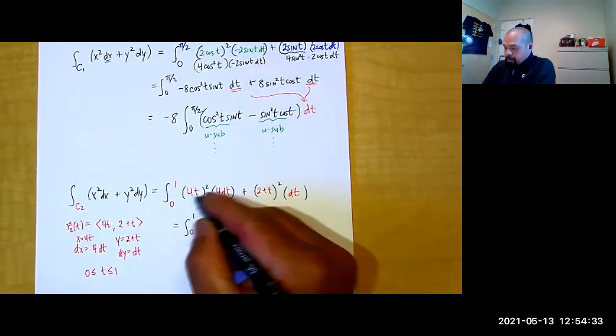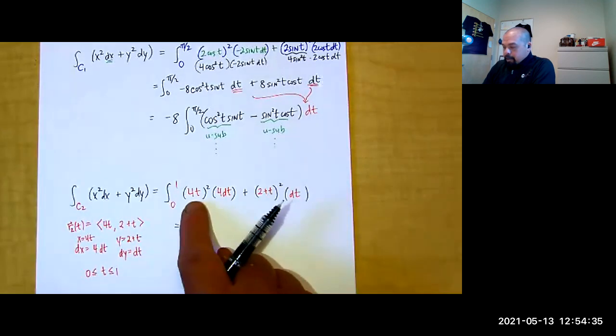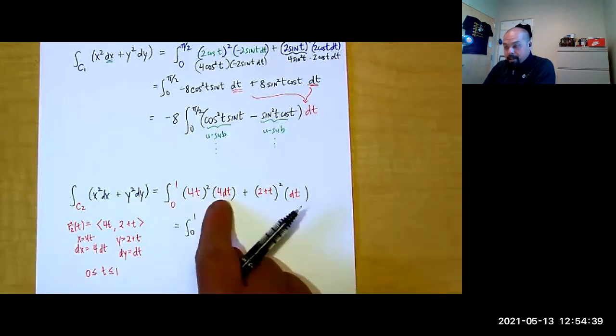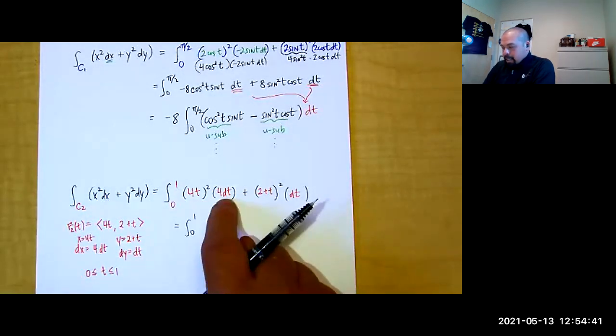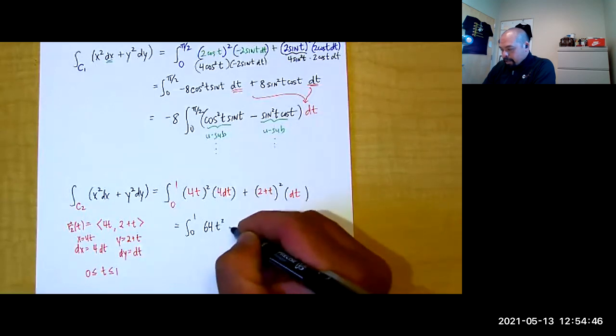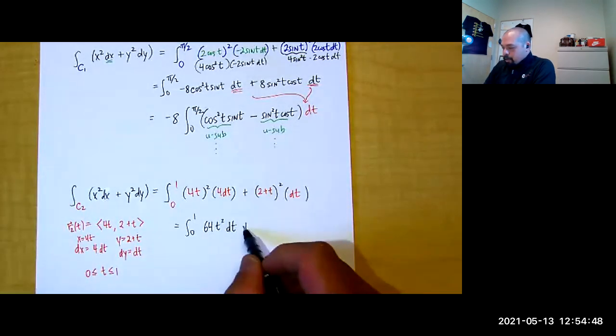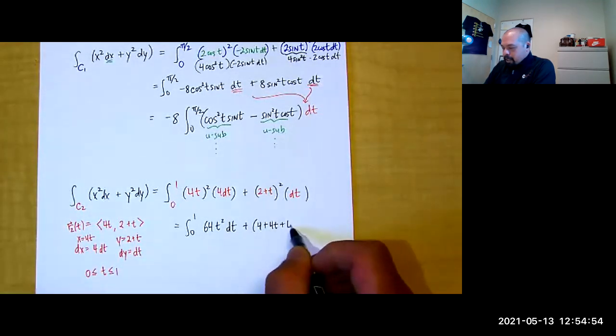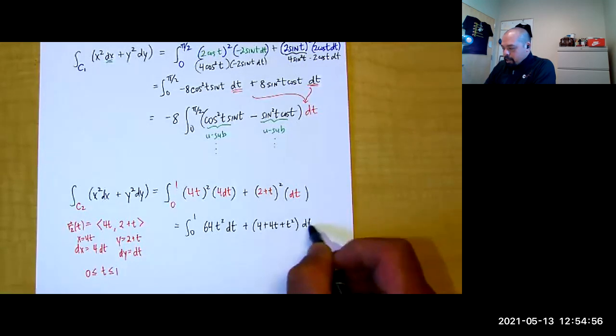If we have these polynomials, we're going to get here 4t squared, 4t times 4, 16t squared times a 4. 16 times 4 is 64 t squared dt plus that binomial squared, 4 plus 4t plus t squared dt.